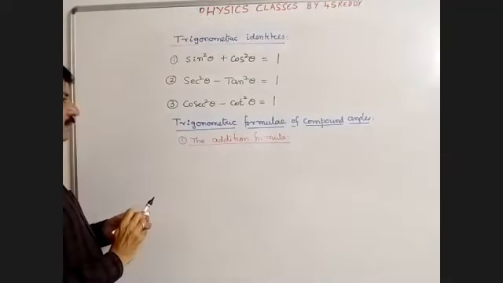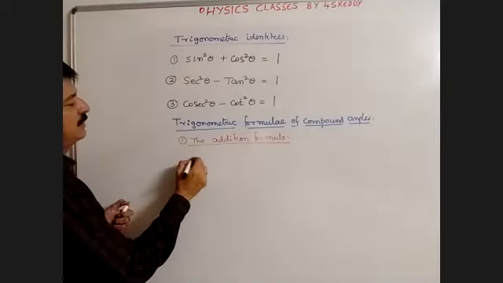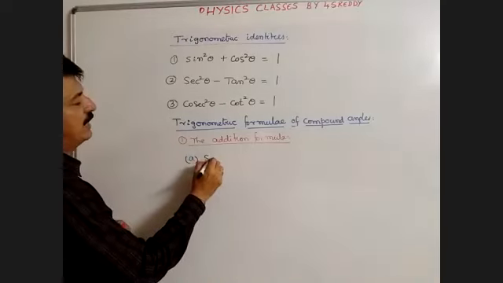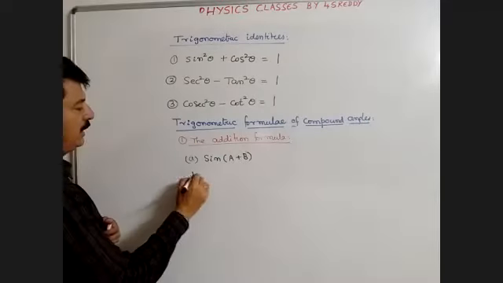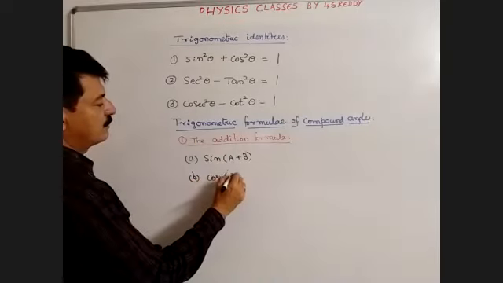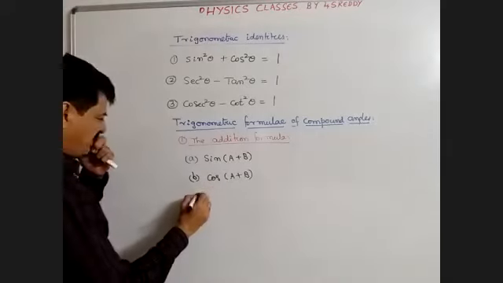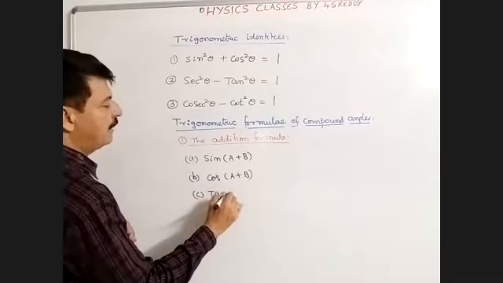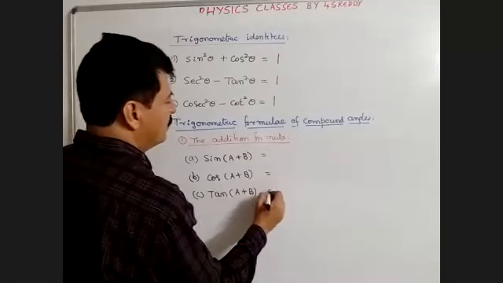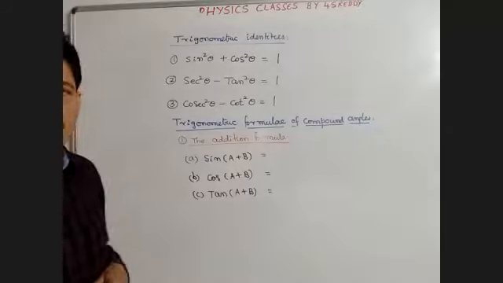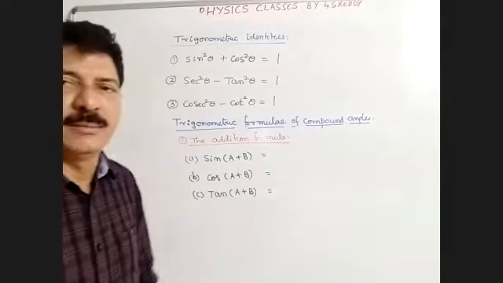In that, the addition formulas: sin of a plus b, cos of a plus b, tan of a plus b. Can anybody tell me the values of these? What is sin a plus b?